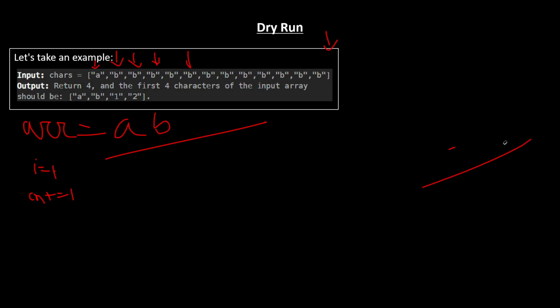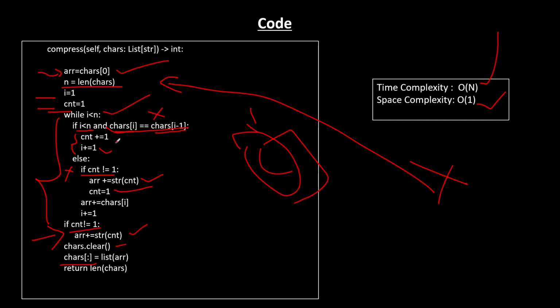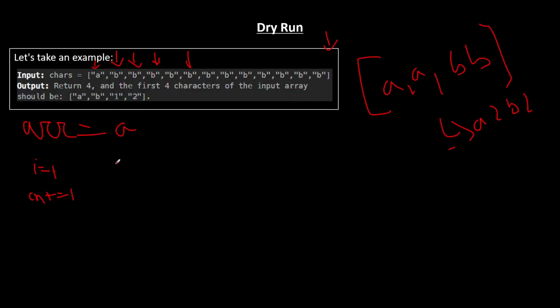Okay. Now let's take another example. Let it be A, B, and B. Okay, output should be A2, B2. Fine. We initially stored A. Then we will check for this condition. This is true. So count becomes 2 and I comes here.